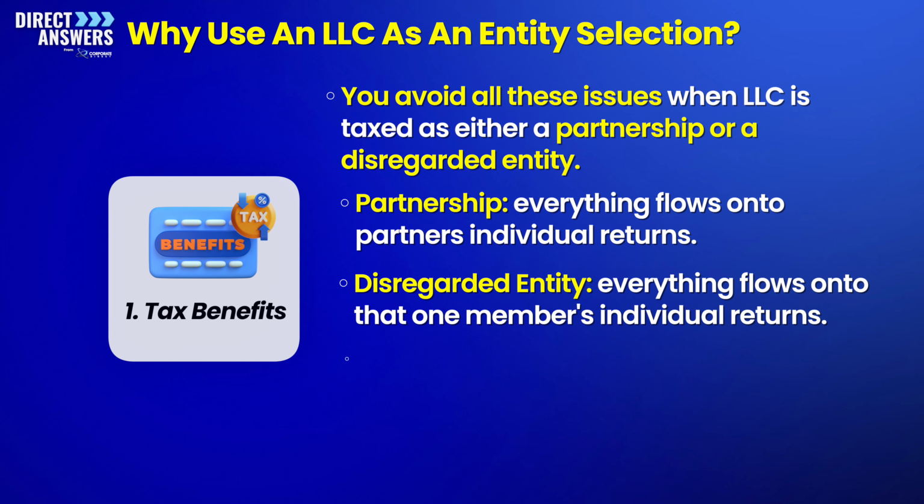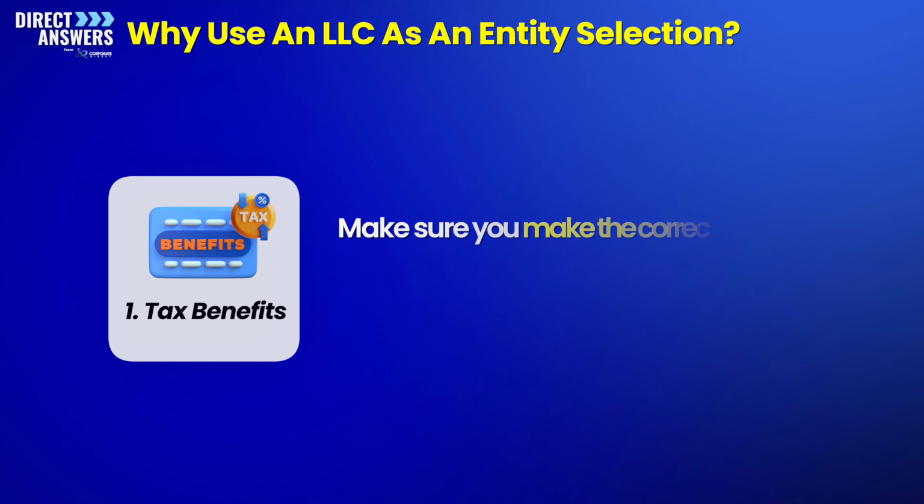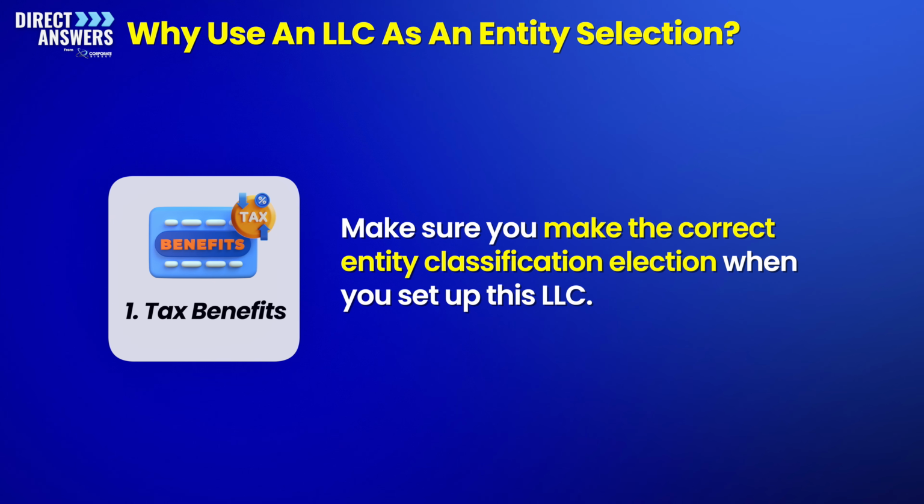In both of those situations, you're not going to face the adverse tax consequences of holding title to real estate in a C Corp or an S Corp. You'll want to make sure that you make the correct entity classification election when you set up this LLC. You don't want to be taxed as a C Corp or an S Corp. However, if you have a good CPA, they'll be able to help you here.